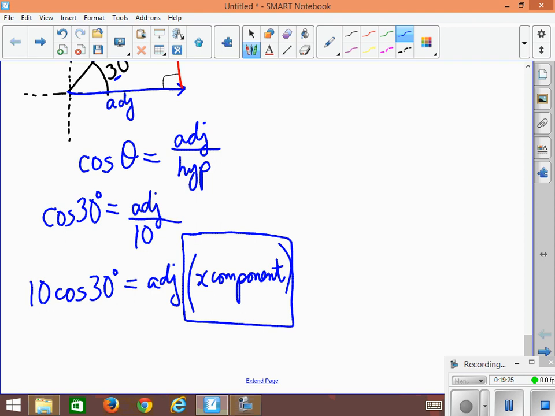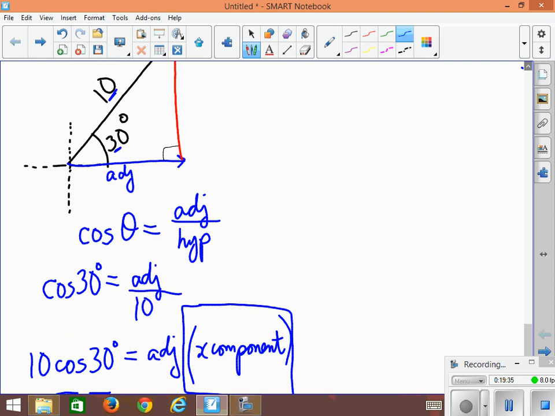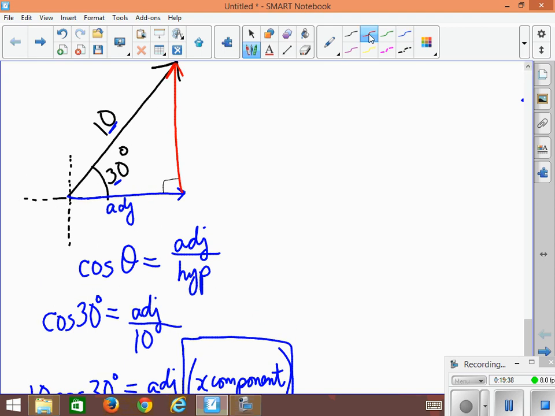So the adjacent side can be found by multiplying the hypotenuse times the cosine of the angle. Very simple. And if we do the same for the other side, the vertical component, this is what we would call the opposite side of the triangle, and we will recall that the sine of theta is equal to opposite over hypotenuse.